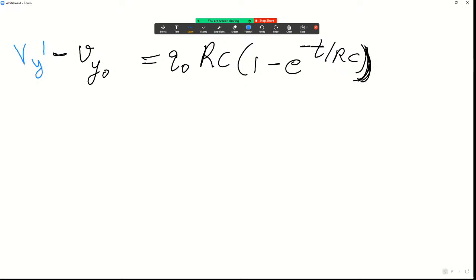So we have zero velocity here. Then when we go here, we get Vy 0. And for general time here, we have Vy dash.